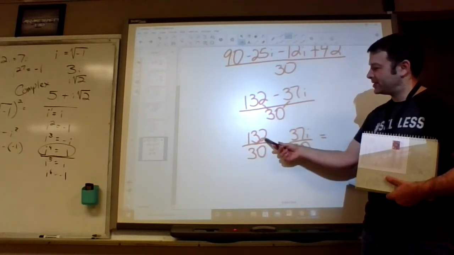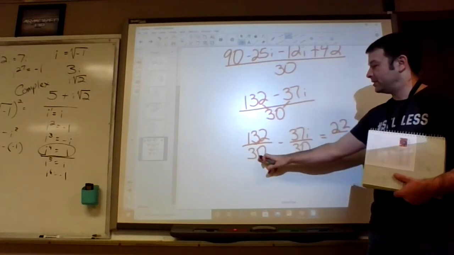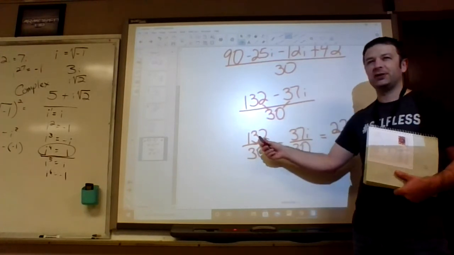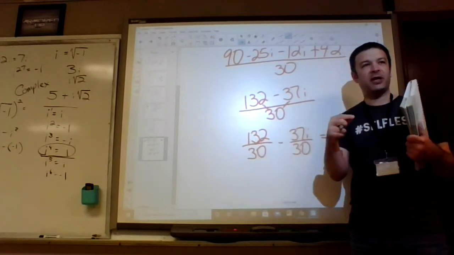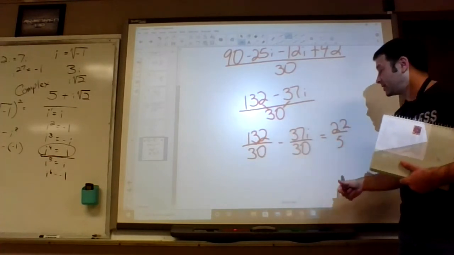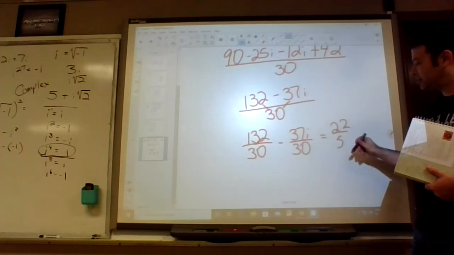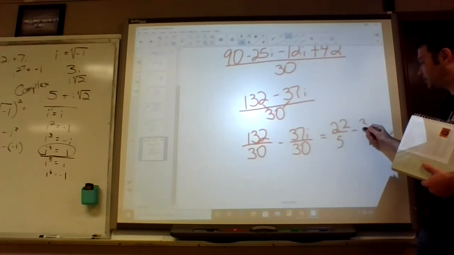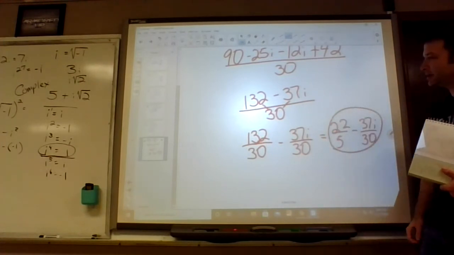So if I divide that by 6, that would be 22, and 30 divided by 6. Remember, your calculators can do this, right? You just put it in as a fraction and hit equals. Does this reduce? No. 37 is a prime number. So that's our final answer.